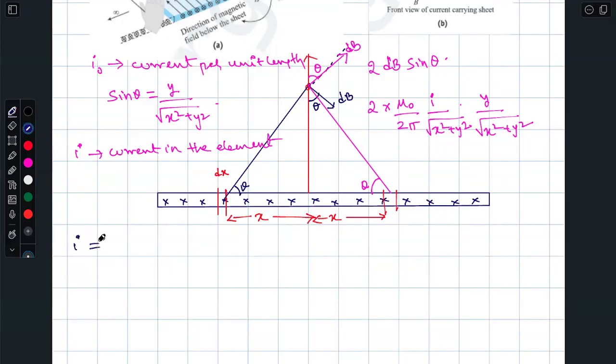Can you please help me in writing what is I? Anyone in the class? You have everything available on the board. Mahant, what is I? Say it loudly. I naught into dx.